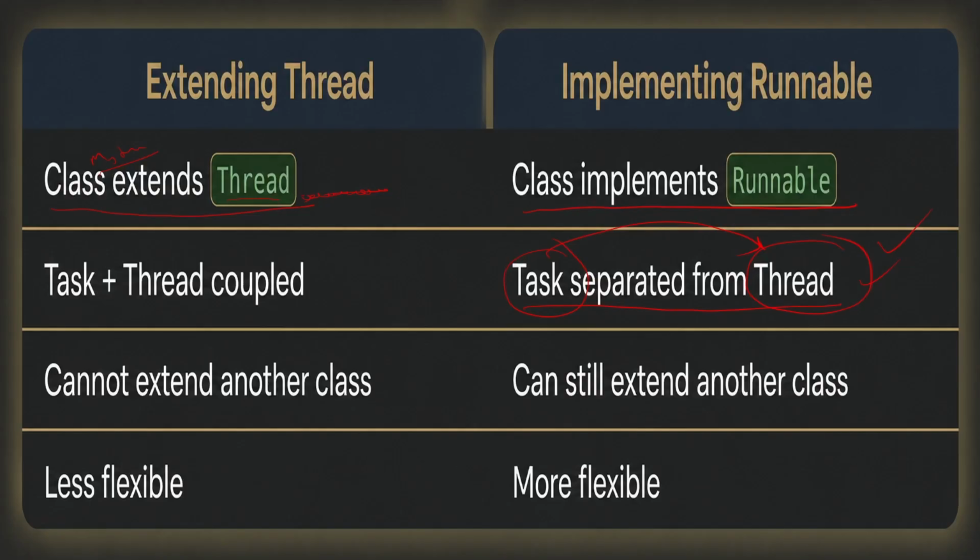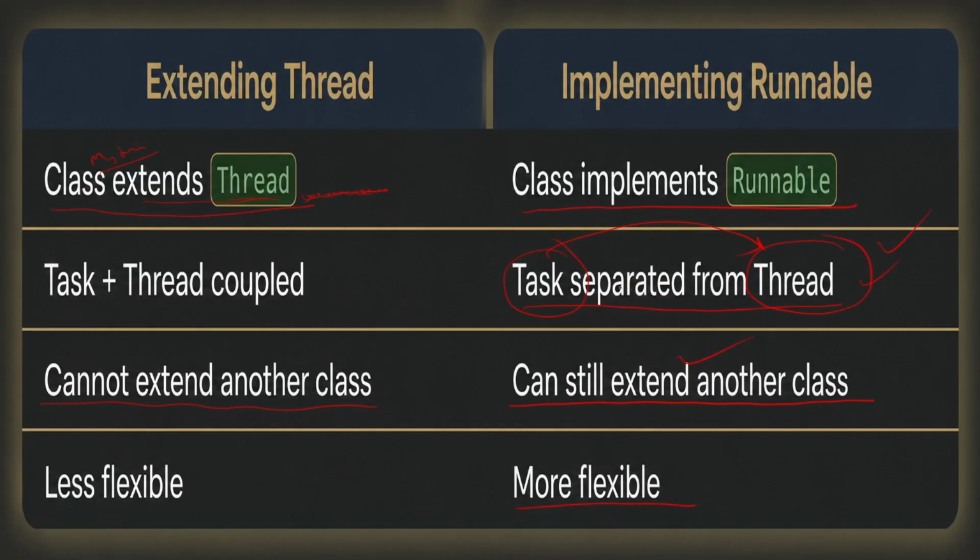Here we can still extend another class, since it is not extending any thread class. But here we have already extended one class, so we cannot extend another class due to multiple inheritance through classes. And we have seen it is more flexible. Why?